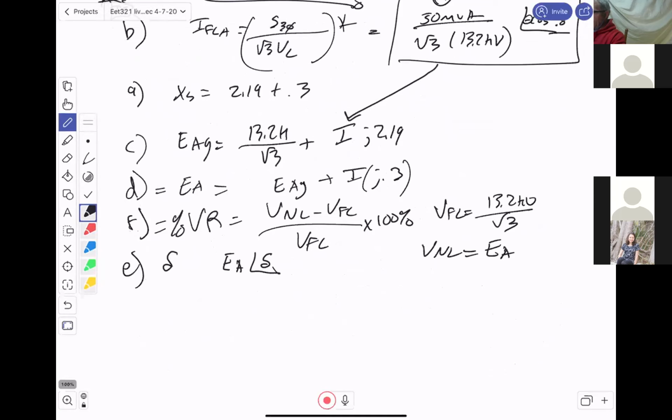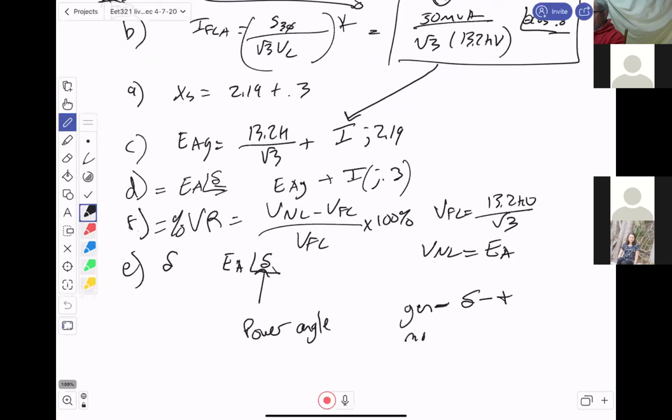So the angle that you get in part D here is the power angle. Okay? And you can always check your work, because if it's a generator, do you recall what the power angle needs to be? It's a positive number, right?